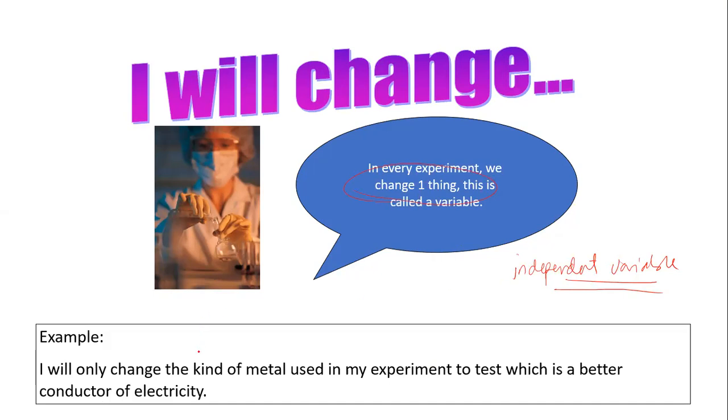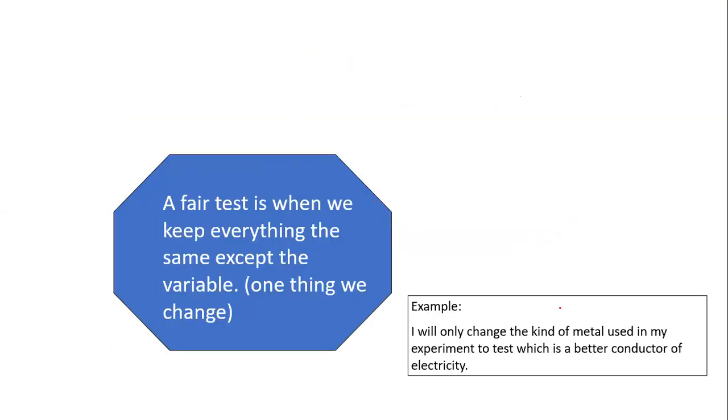Example, I will only change the kind of metal used in my experiment to test which is a better conductor of electricity. So basically, if you already know that metal is a good conductor, so what type of metal? There are different types of metal. So if you're going to change the kind of metal, this kind of metal is your independent variable.